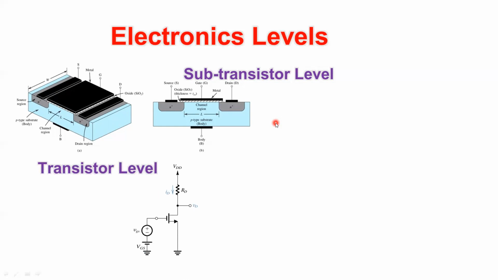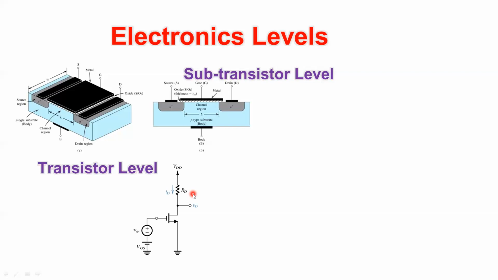We start to construct circuits based on our transistors, either MOSFET or BJT, in order to realize some functions, like when we use our MOSFET in a common source configuration as an amplifier, when we demonstrate the use of the MOSFET as a switch, and when we use the bipolar junction transistor as an amplifier as well.